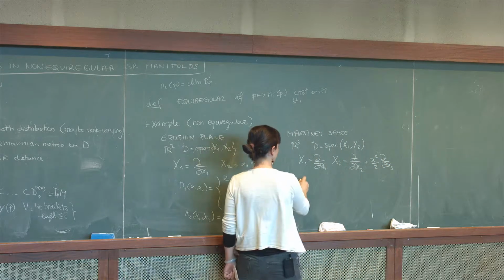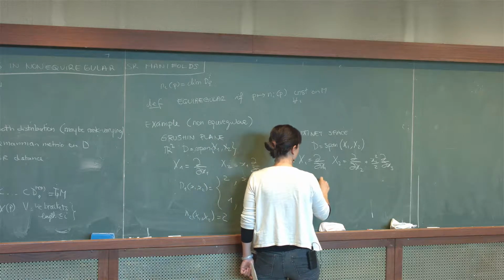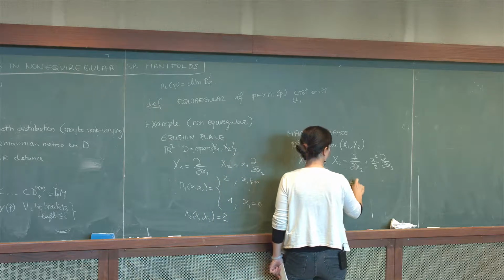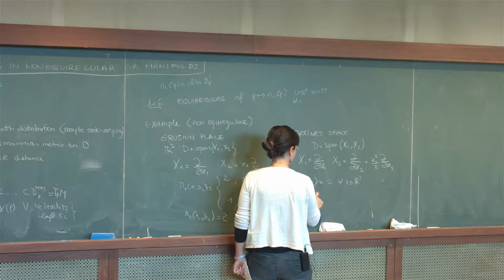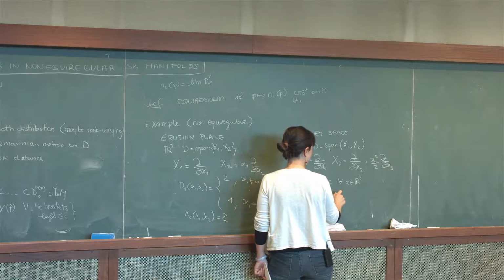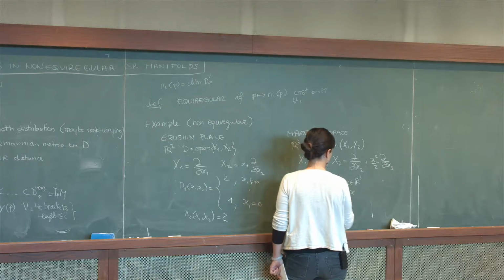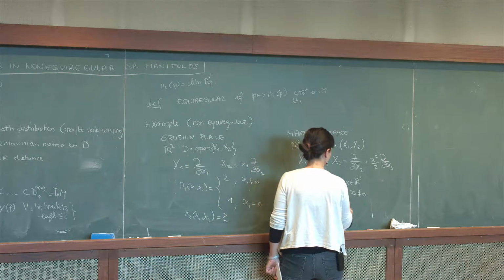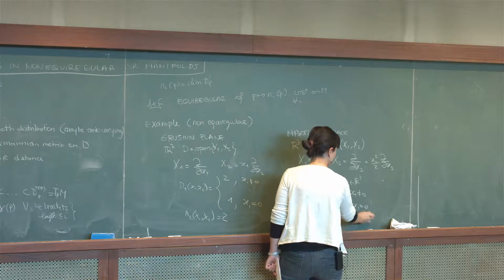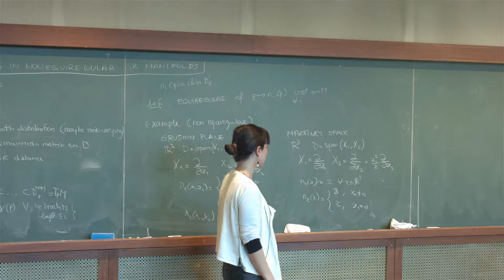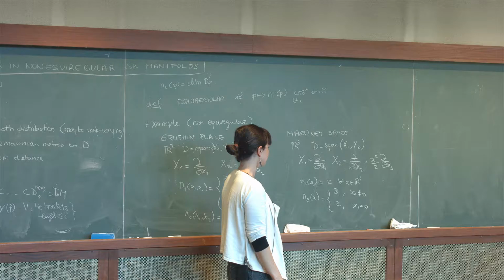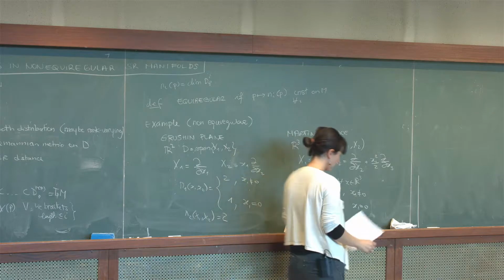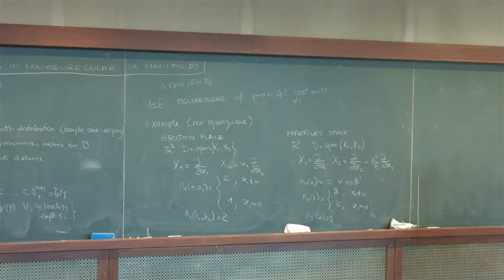Here the first dimension is constant: n_1(x) is equal to 2 for every x in R^3. The second one is the one which varies: it is 3 at points where x1 is not 0, and it is 2 on the x1 equals 0 plane. And the third is always 3. So these are two examples.